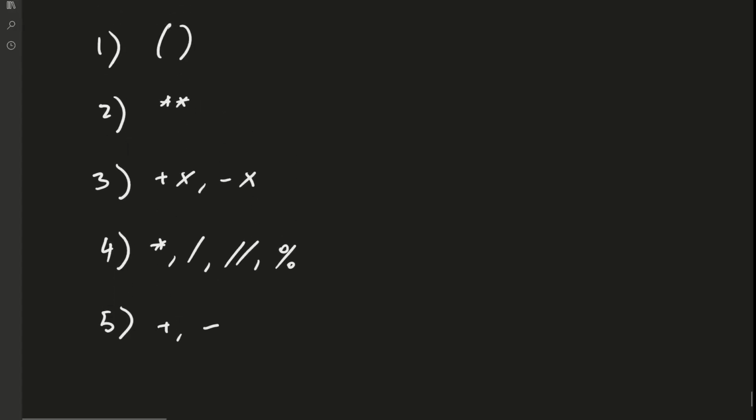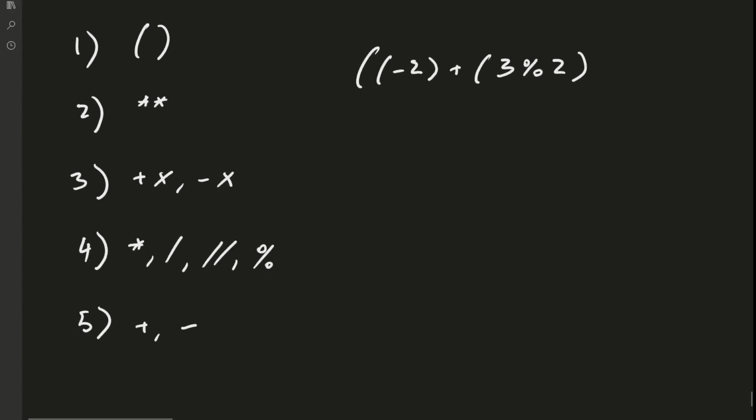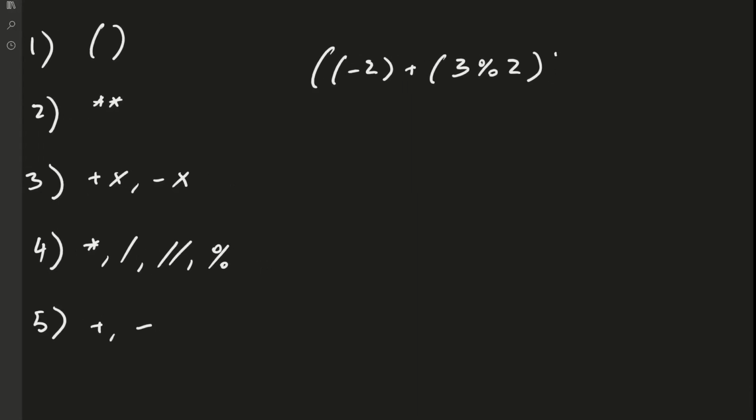If we look at a problem, then we'll see. Let's do (-2 + (3 mod 2)) + 4.